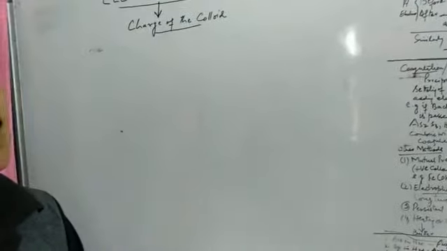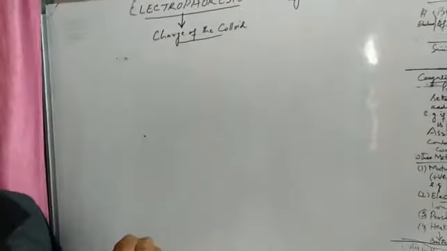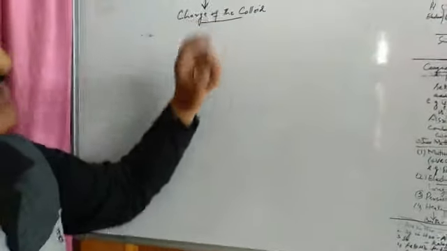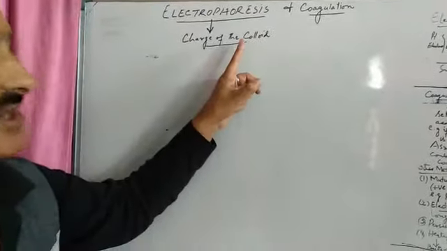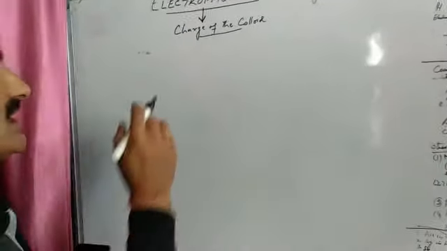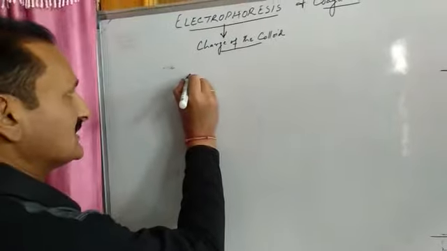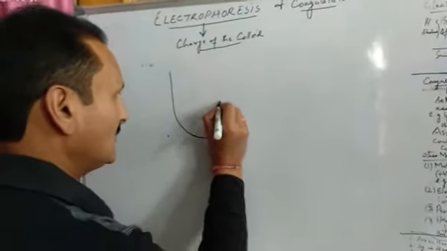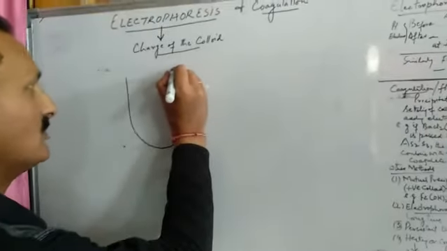For that very purpose, we have a process known as electrophoresis. By going through this process, we can determine the charge of the colloid. For this purpose, we take a U-shaped tube. Please see here, this is a U-shaped tube.